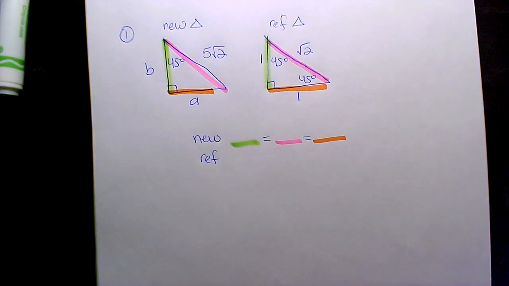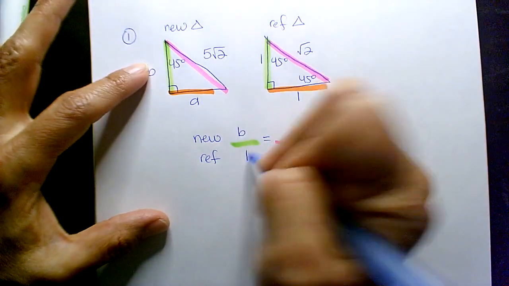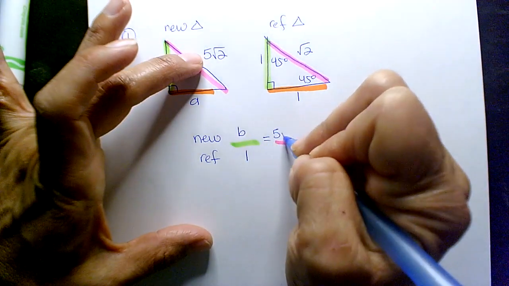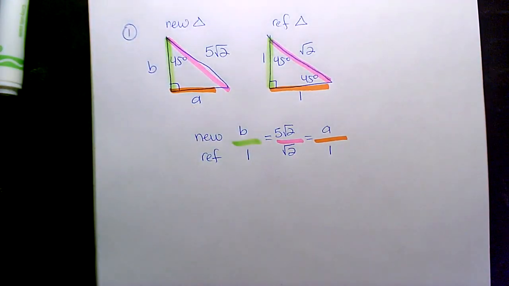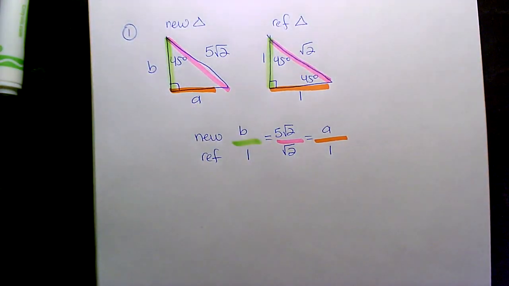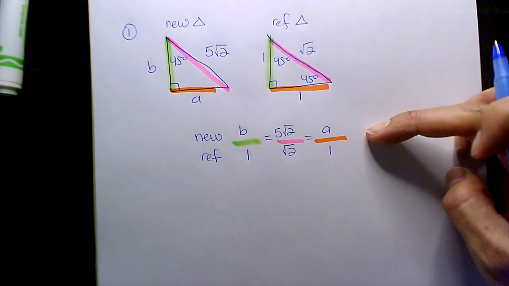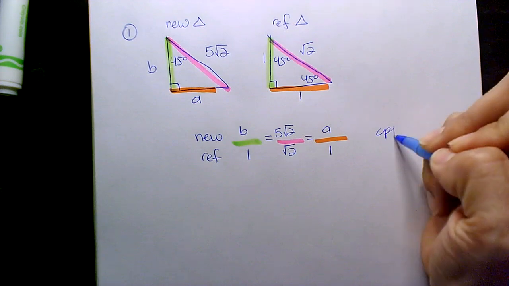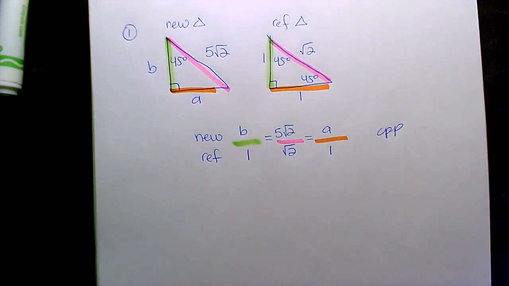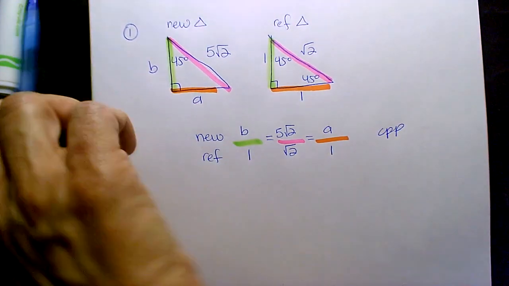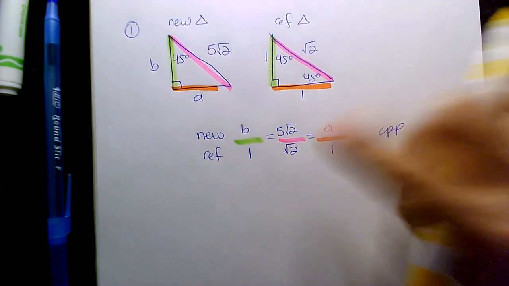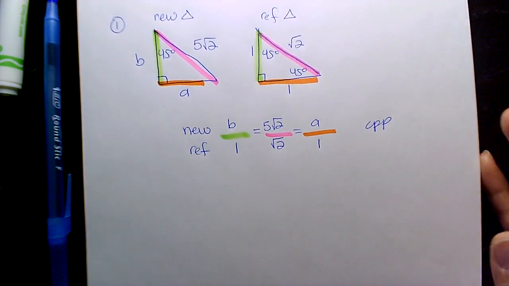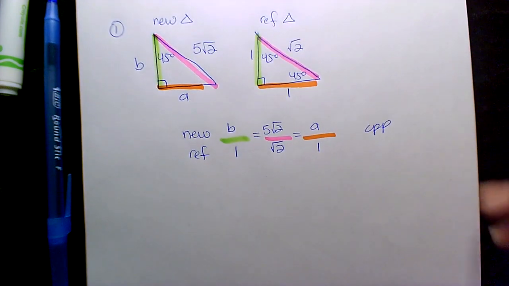Okay, so I get B over 1, 5 rad 2 over rad 2, and A over 1. When you learned in IM2 your statement of proportionality, you then learned about the cross product property, which is how you solve a proportion. Within the statement of proportionality, one of these ratios is more important than the other two, and that's because it's your scale factor.